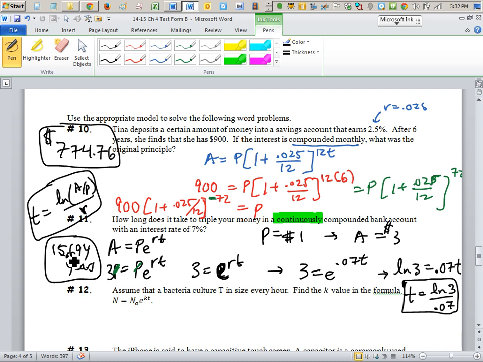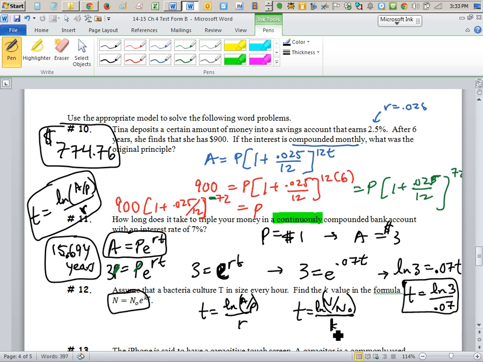Okay, here's another one. Assume the bacteria doubles every hour. Find K. All right, so we just said that T is going to be ln A over P over R. If you're applying that to this problem, instead of A equals PERT, it's N equals N naught e to the KT, but you could rearrange all the variables, and T would just be ln of N over N naught, over K. It's just by analogy.